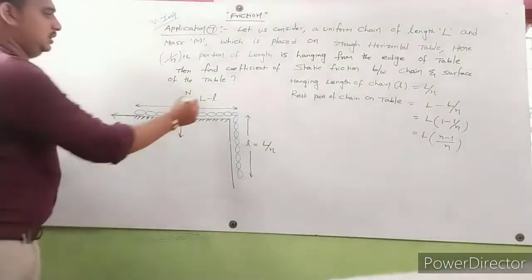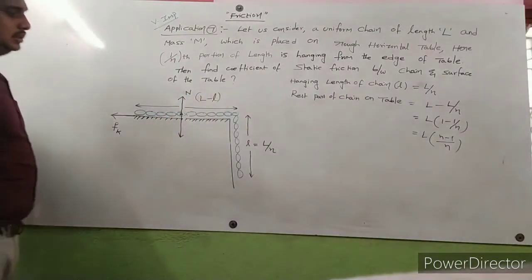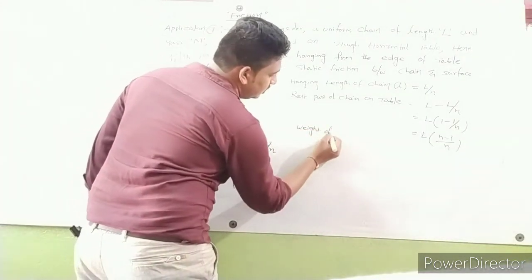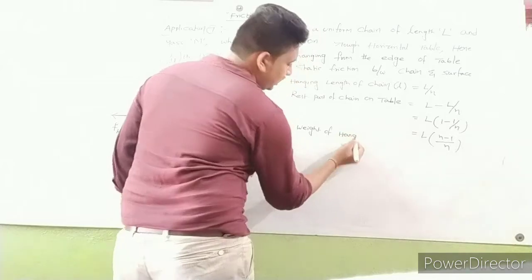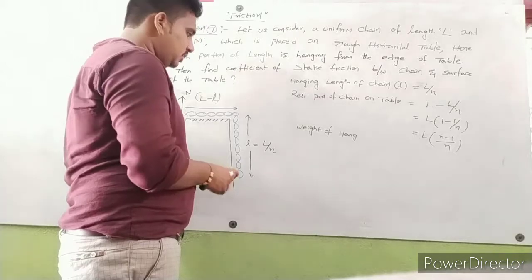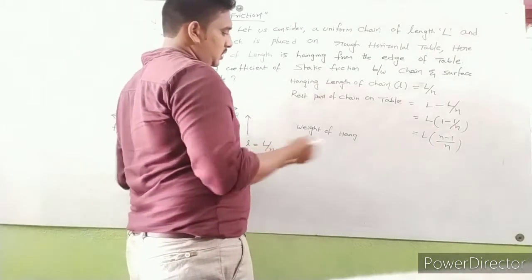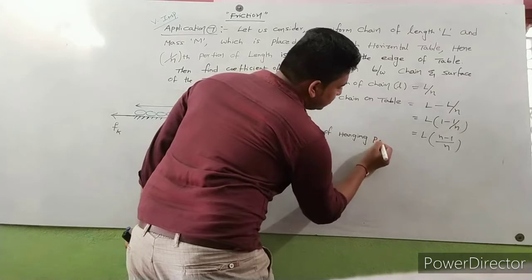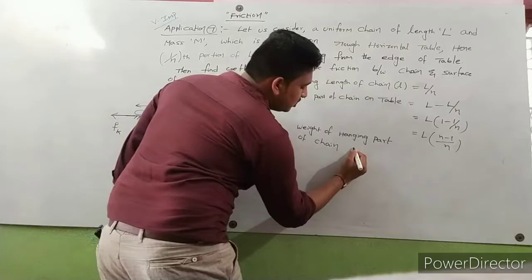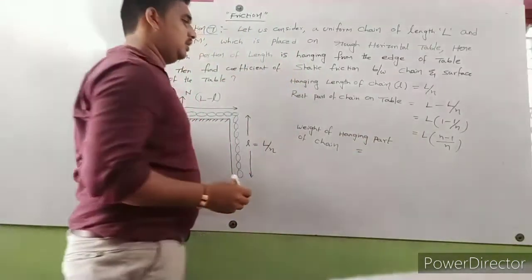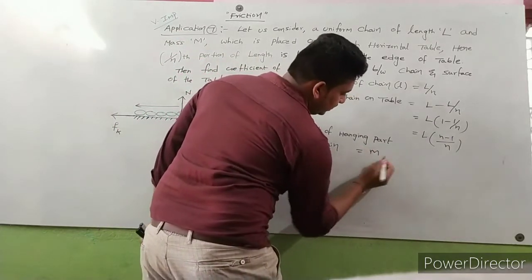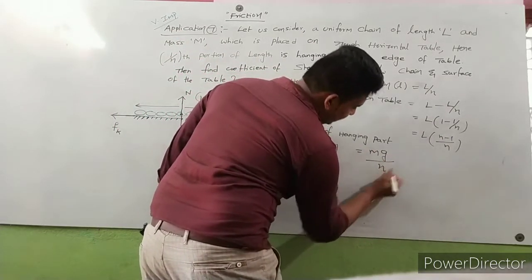The weight of the hanging part of the chain is equal to mg by n.